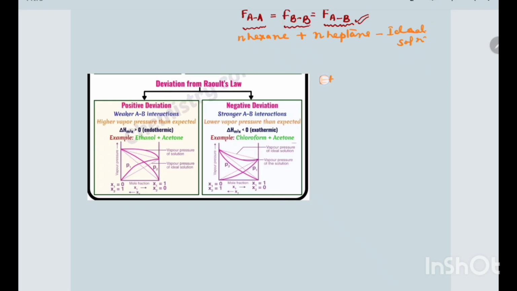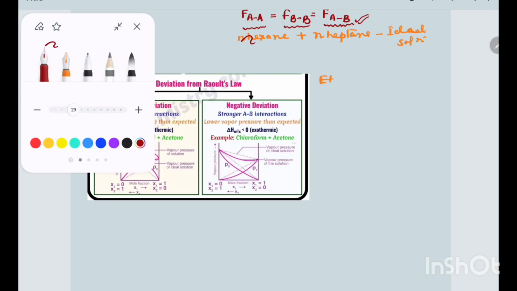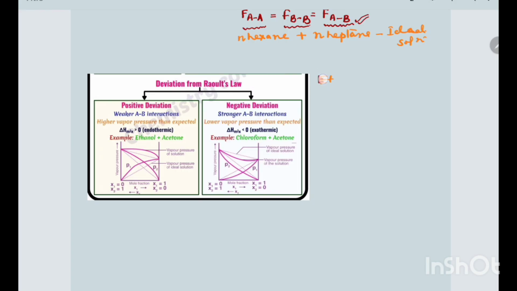Suppose we have a mixture of ethanol and acetone, right?